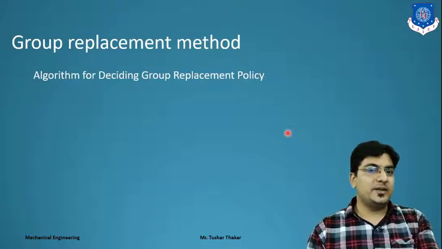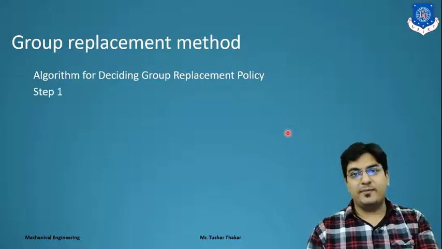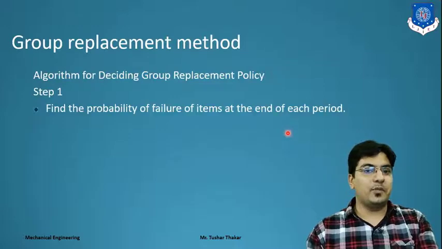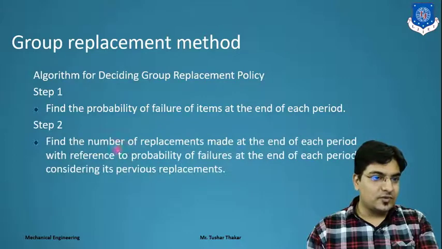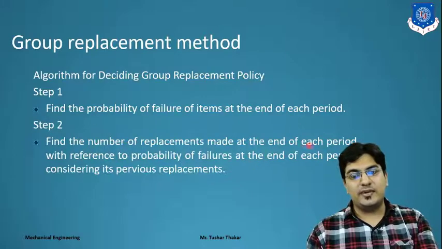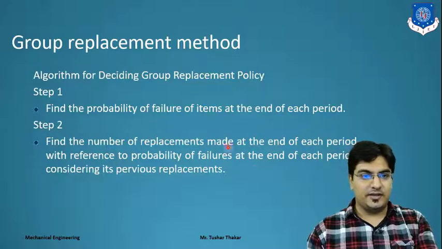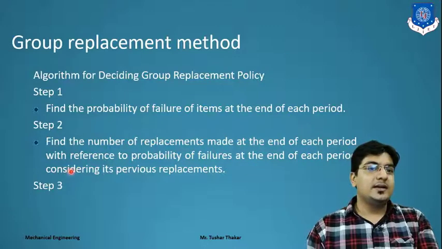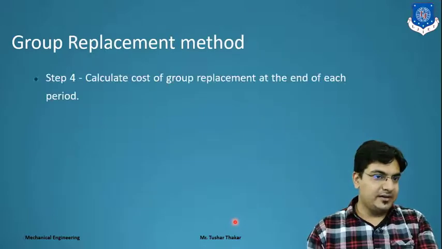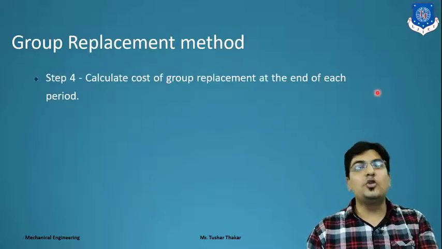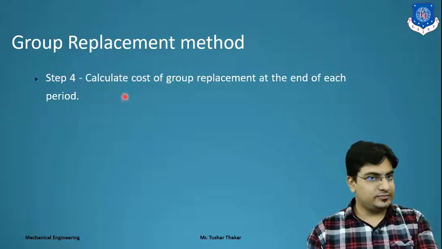For the group replacement method, we have an algorithm with different steps. First step, we find the probability of failure of items at the end of each period. In step 2, we find the replacements made at the end of each period with reference to the probability of failures from step 1. In step 3, calculate the individual replacement cost of each period. In step 4, calculate the group replacement cost.